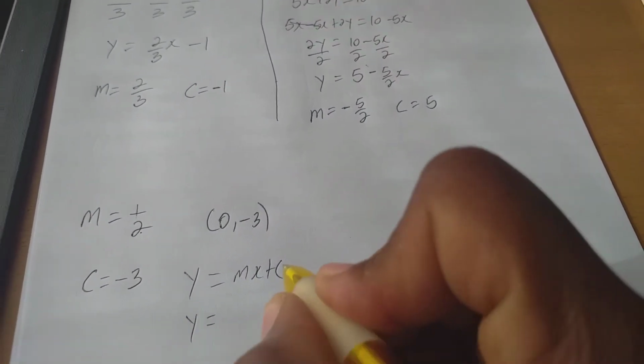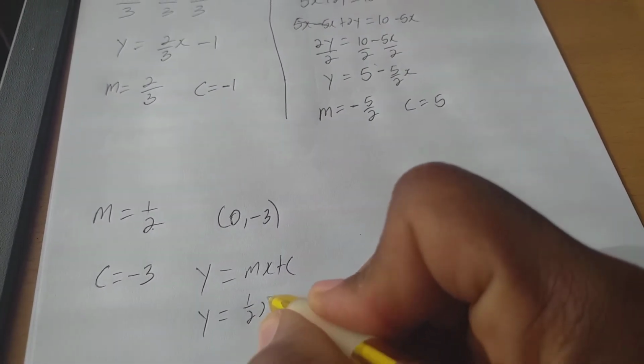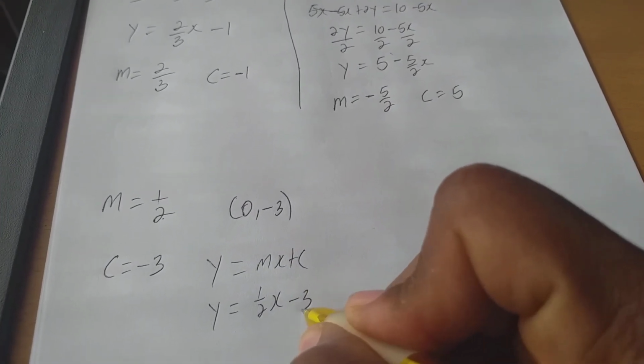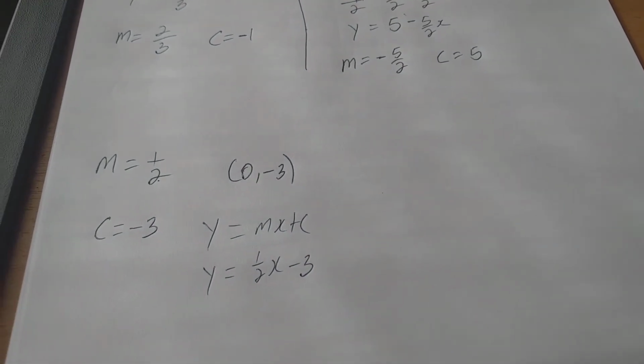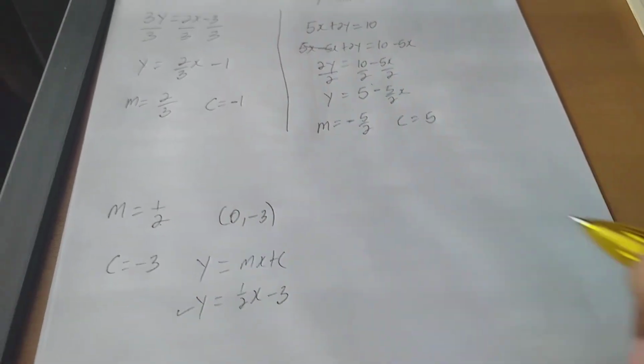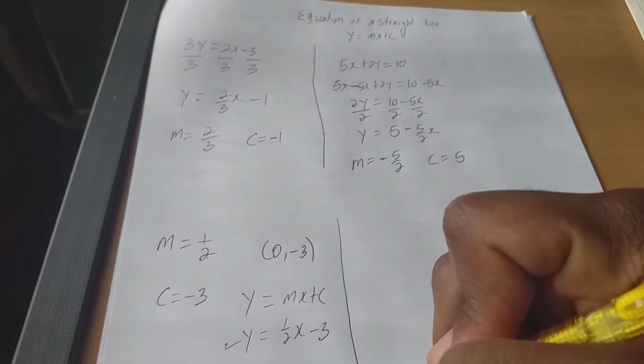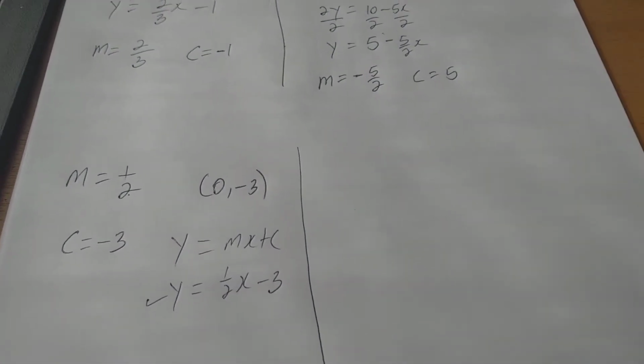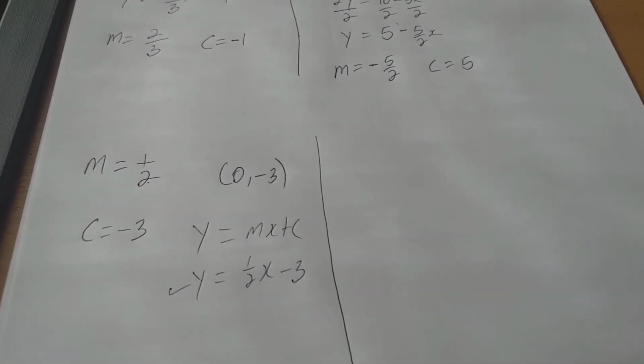So I simply substitute m, a half, and the value of c, which is -3, and I have my equation of the straight line that has a gradient of a half and passes through the point 0, -3.